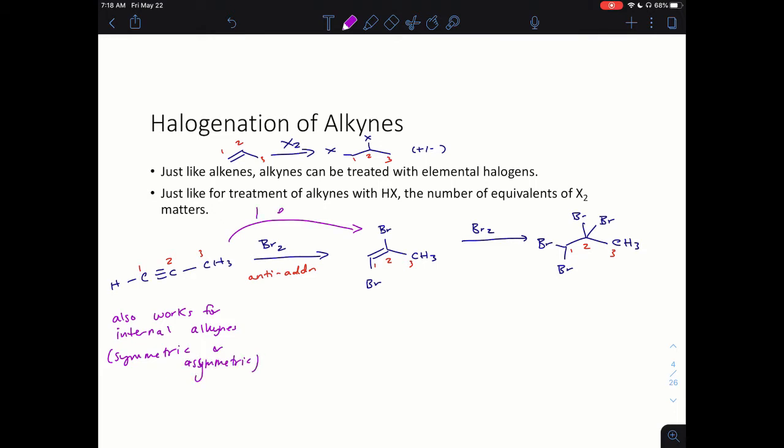Cool. So if we had one equivalent of X2, in this case bromine, we would observe this 1,2-dihaloalkene product. It's the E isomer.